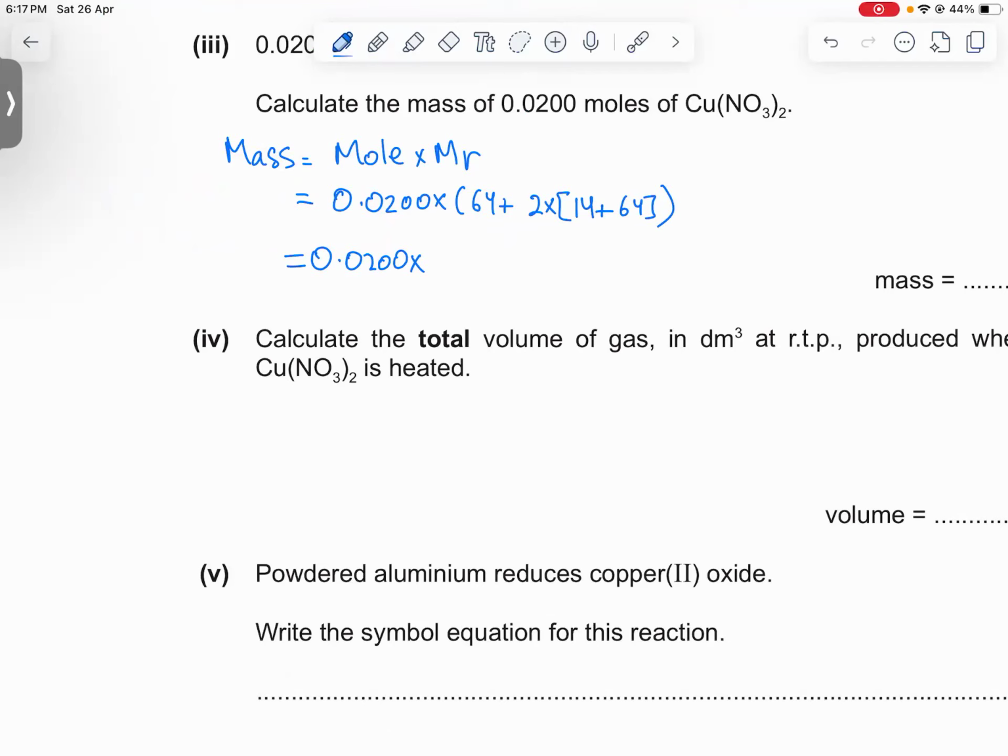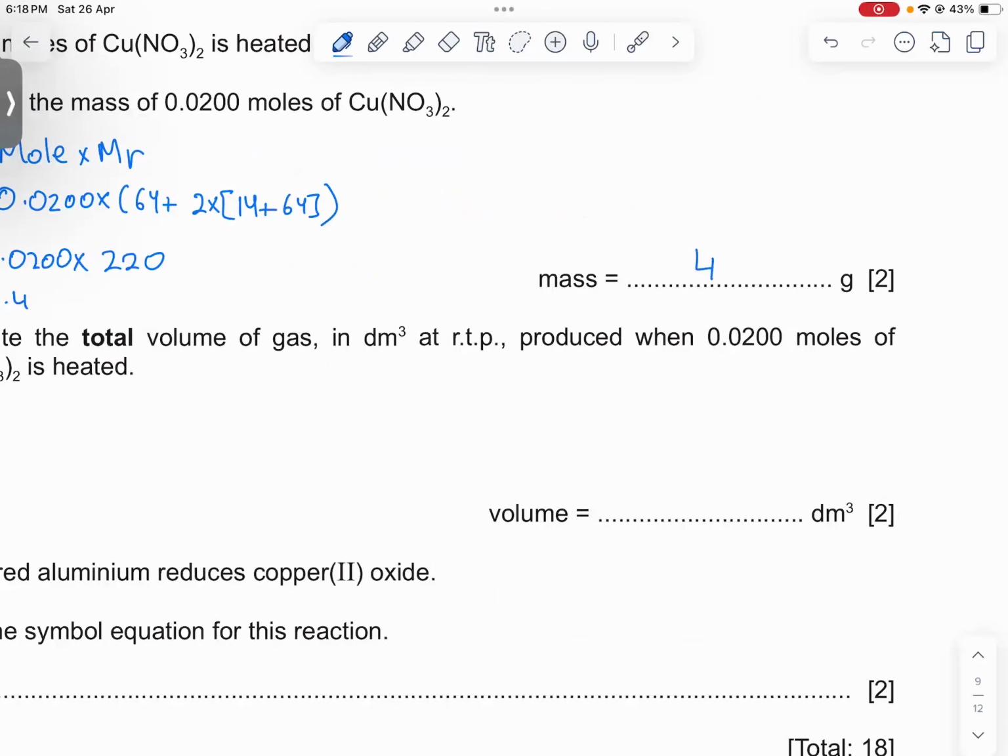That is 78, times 2 is 156, plus 64 is 220. So multiply 220 by 0.02. What is the answer? The answer is 4.4 grams. That is the first answer.